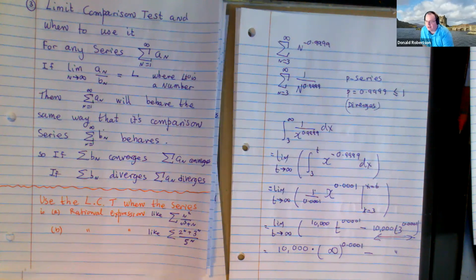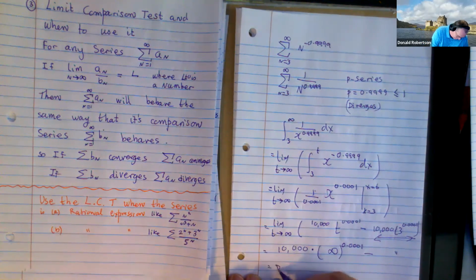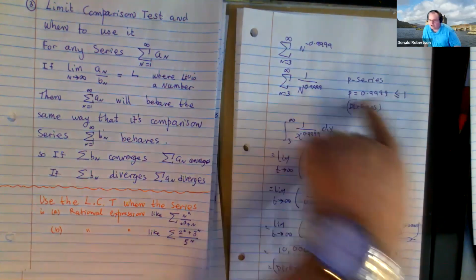It might take a heck of a long time to get to infinity, but it is. Infinity to the power of half is just the square root of infinity. Infinity to the power of 0.1 is just the 10th root of infinity. But isn't the 10th root of infinity still infinity? So isn't that just an extreme version of that? Which means this thing is infinite, and if this thing is infinite, it diverges. Which we kind of knew because of the p-series, but now we've proved it.